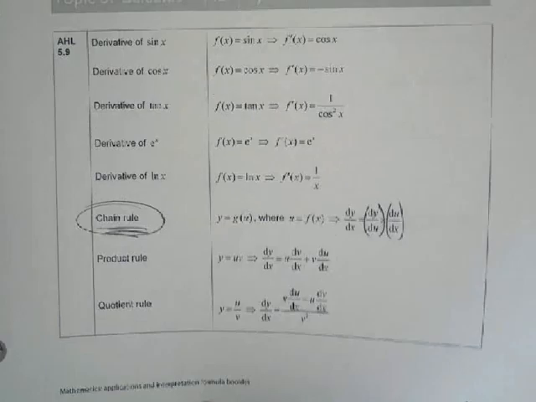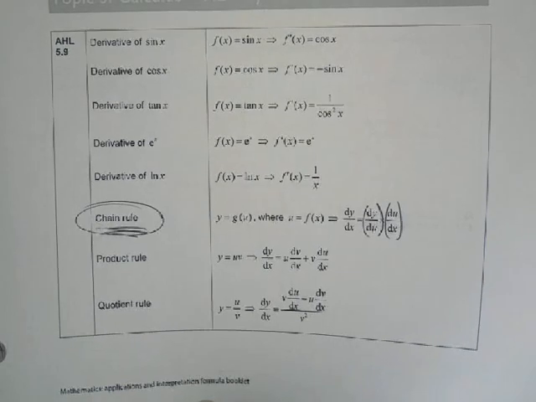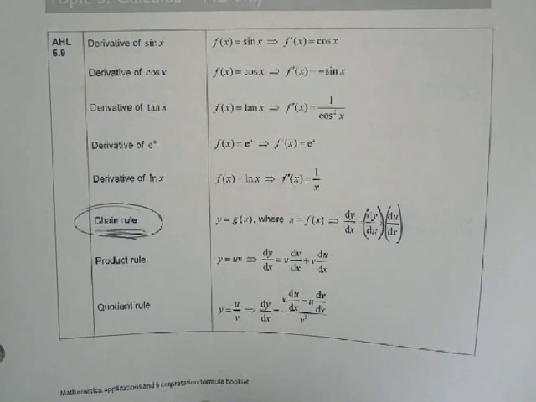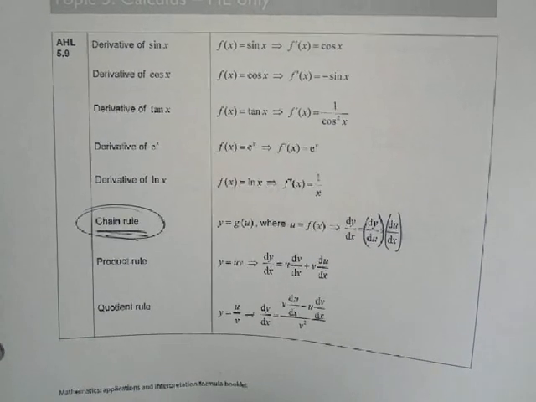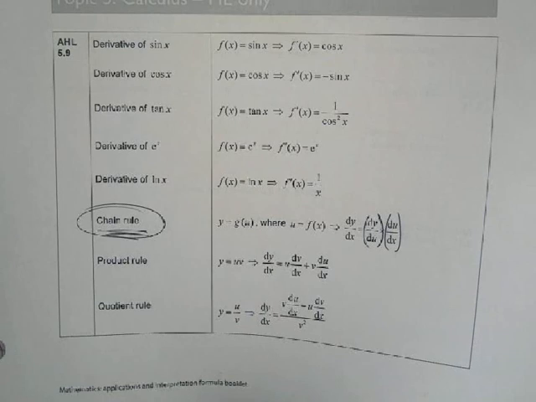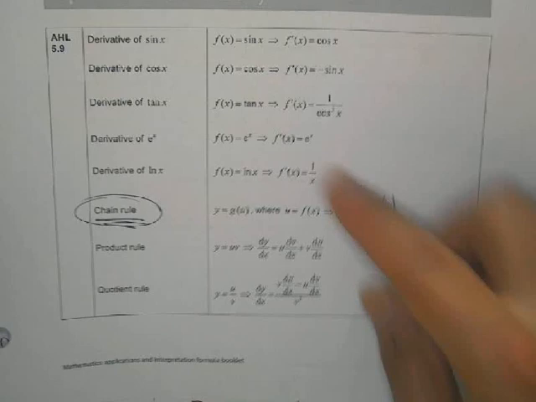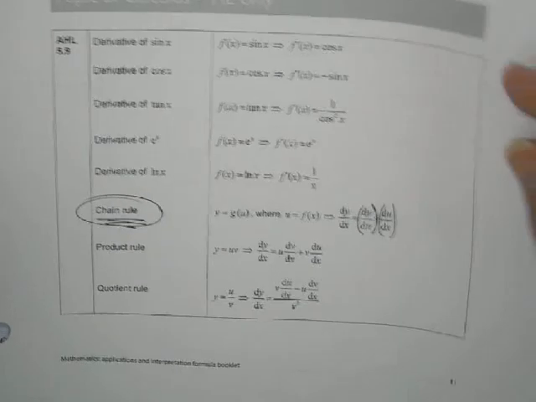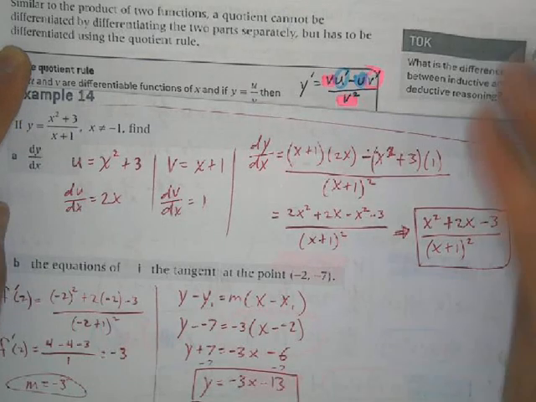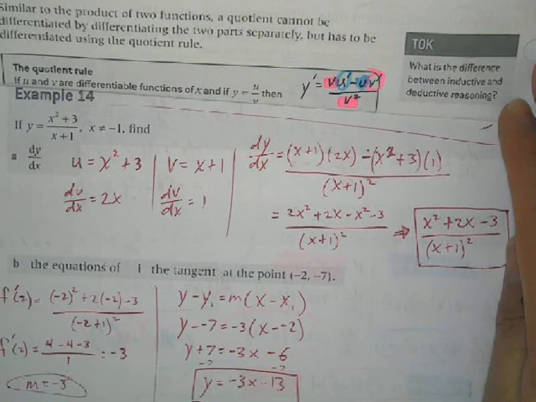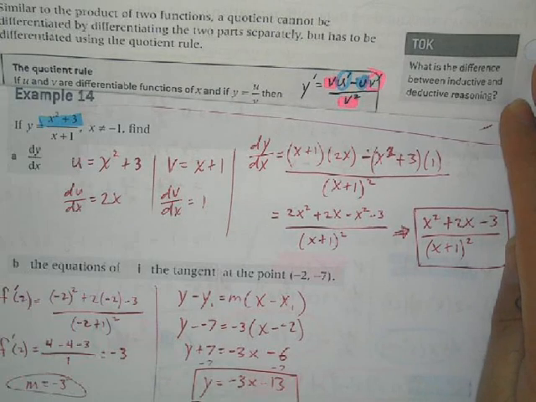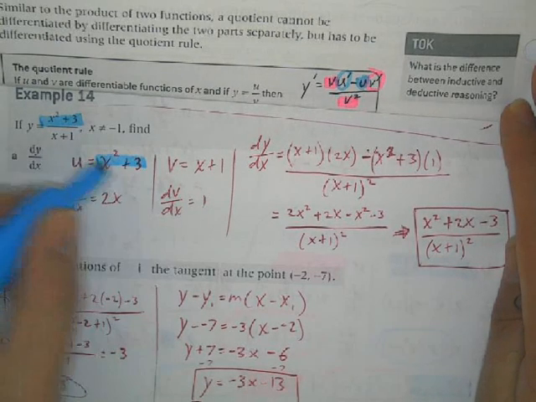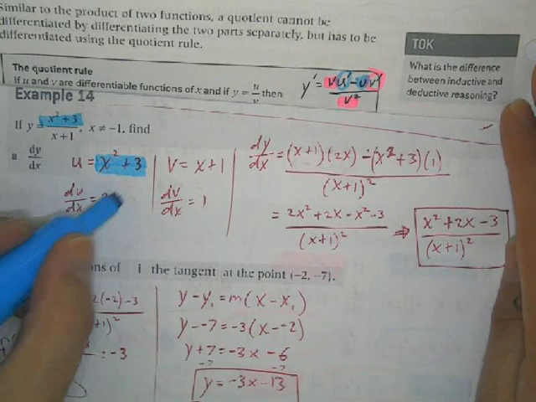As you can see, there's some other ones we're going to do: sine, cosine, tangent, e to the power of x, natural log of x. So we've got our product rule and quotient rule right here. You don't need to memorize it. Okay, so here we've said that u is x squared plus 3. So the derivative of that is 2x.